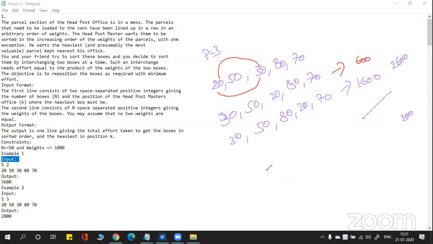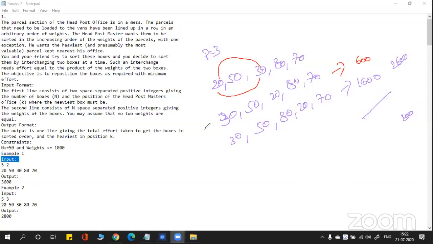Nowhere will you get effort as 200. So I think there is some problem with the logic, with the question. I need to check the question.